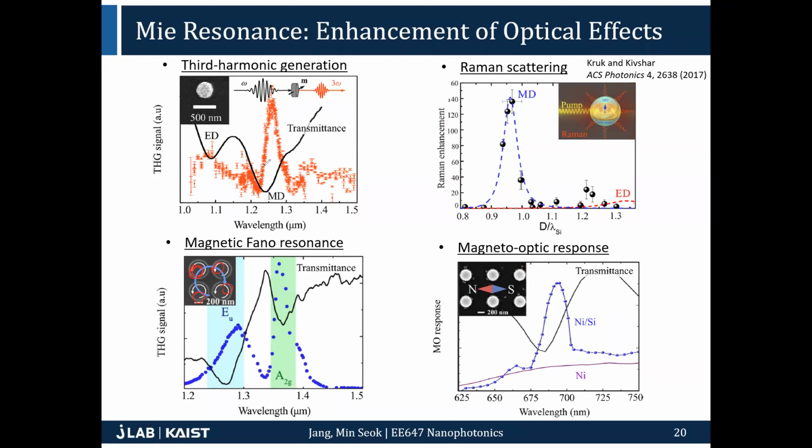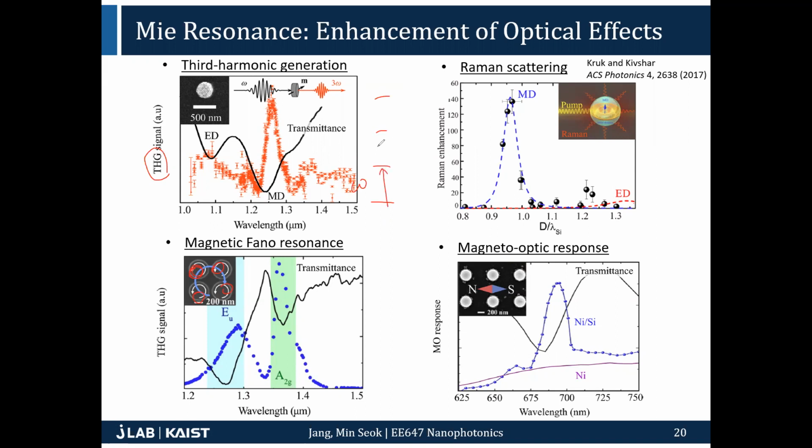What we can do with strong confinement of the electromagnetic field is enhance non-linear behavior, like third harmonic generation. I'm not sure how many of you are familiar with it, but it's like this. You have a photon, light with frequency omega.